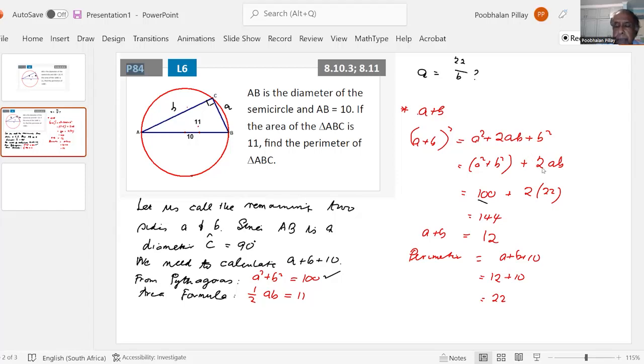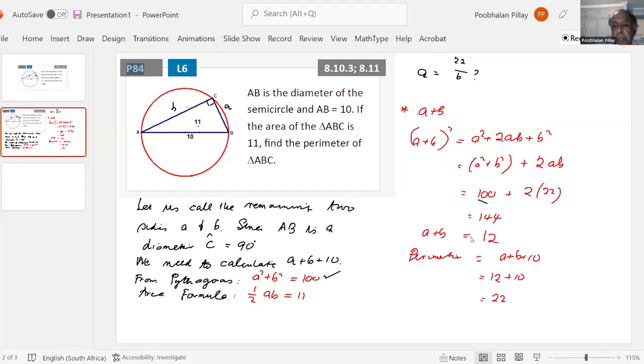And then the middle term is 2AB. But we know half AB is 11, so AB will be 22, and 2AB will be 2 times 22, which we've got here. And then when you simplify that, you get 144. So A plus B all squared gives you a nice, beautiful number. No square roots or anything, because the square root of 144 is 12.